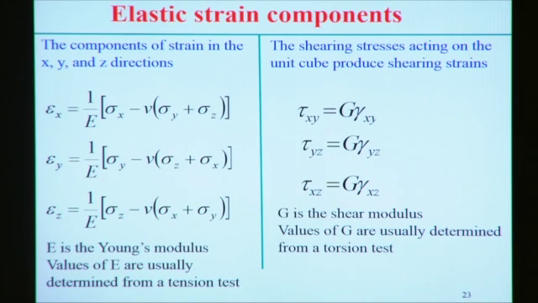Similarly, all the shear strain components can be represented individually with respect to the shear strain along the specific plane. Here G is the shear modulus, and the value of G can be obtained from a torsion test, as compared to E in the case of the tensile test.